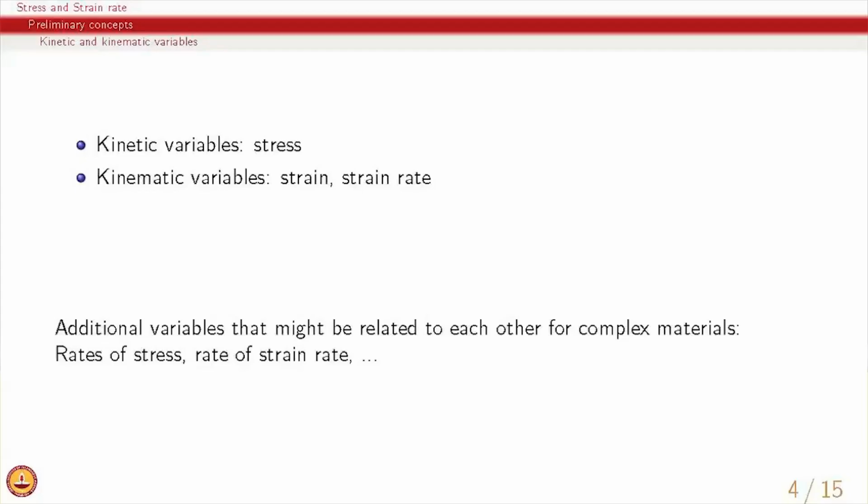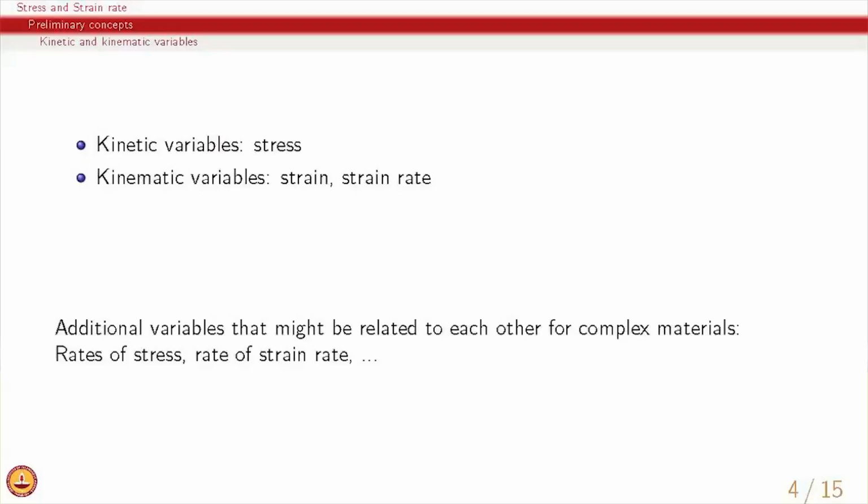At this point, we should remember that there may be additional variables that might be related to each other for complex materials, and this is a feature of complex materials that we will come across very soon. Instead of stress being involved alone, we may also have the rate of change of stress. So, rather than stress being important alone, its derivative is also important.